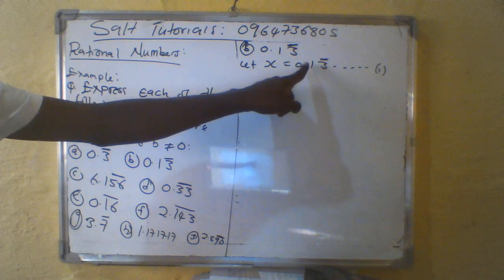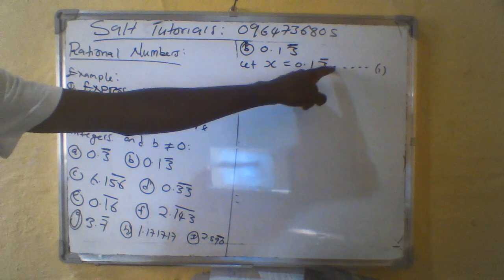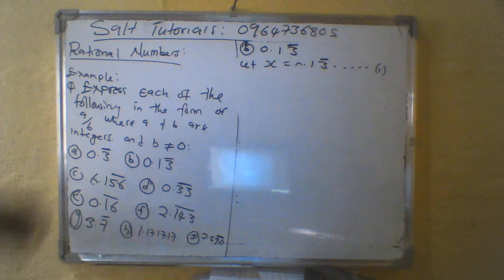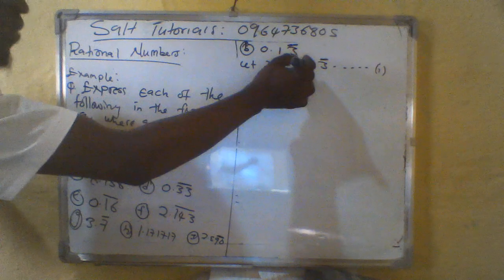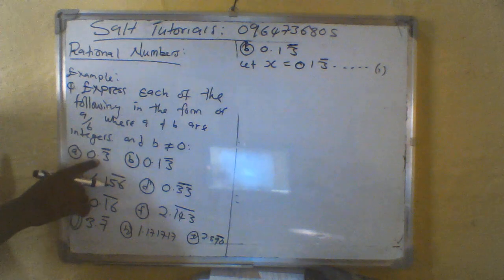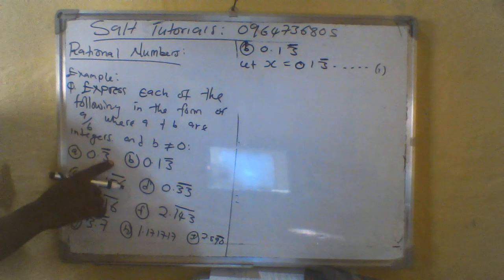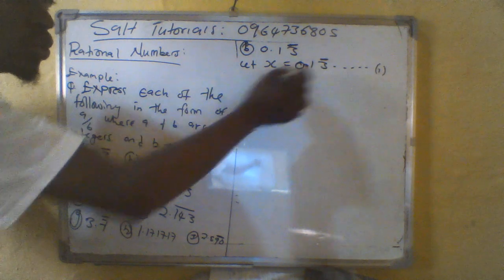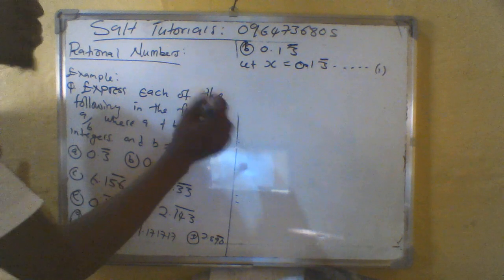So the only way the decimal point can move 2 times is multiplying the x by 100. In the previous part a, we multiplied by 10 because they wanted the point to move just once. But here I want the point to move 2 times. 1, 2. So we're going to multiply the x by 100.